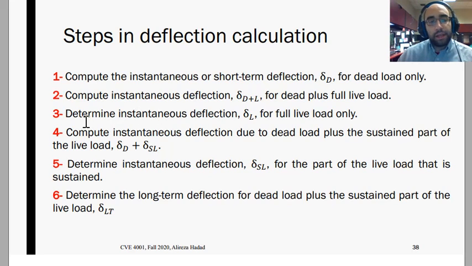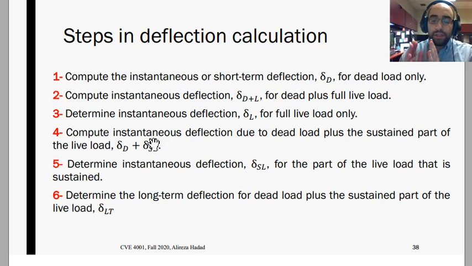As you can see, these are the 3 steps, the first 3 steps, which are about finding the deflection because of live load. And then we have the immediate or instantaneous deflection because of sustained load, the load that is going to be applied over years.